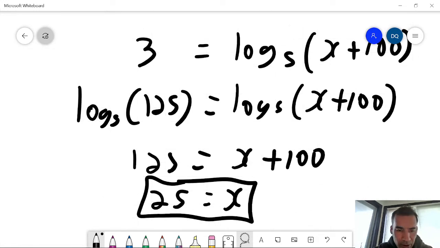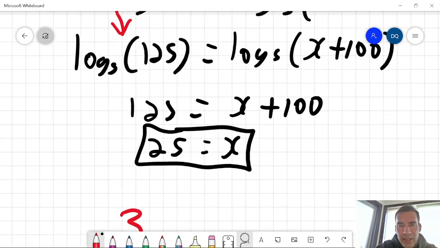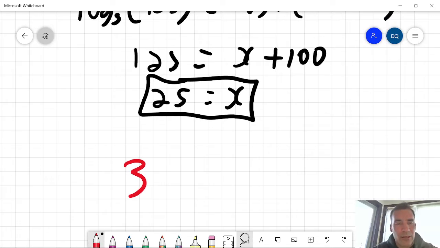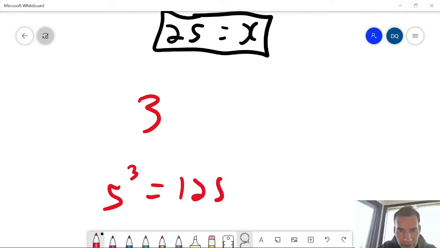Now, of all of this, I would imagine that the most difficult step for you is to go from the number 3 to the base 5 log of 125. How does that happen? Well, if I start out with the number 3 and want to write it as a base 5 log, I need to understand the exponential form of an equation where 5 is the base and 3 is the exponent: 5 times 5 is 25 times 5 is 125.